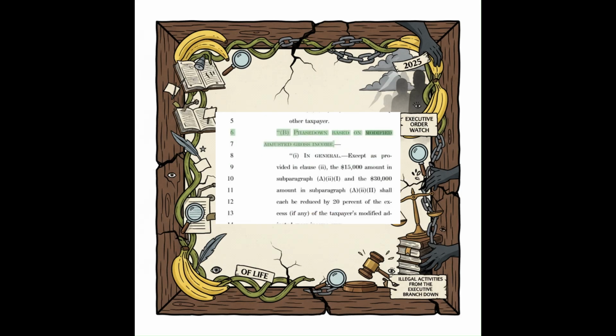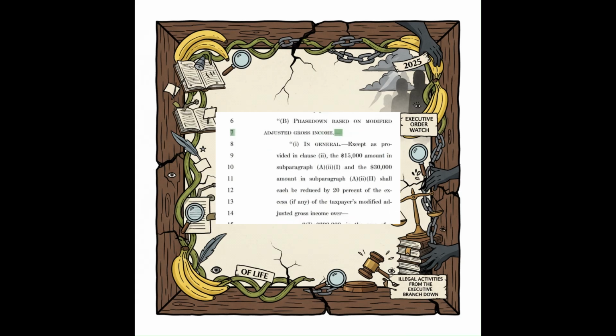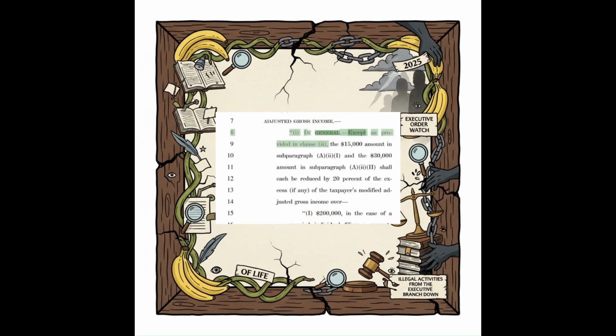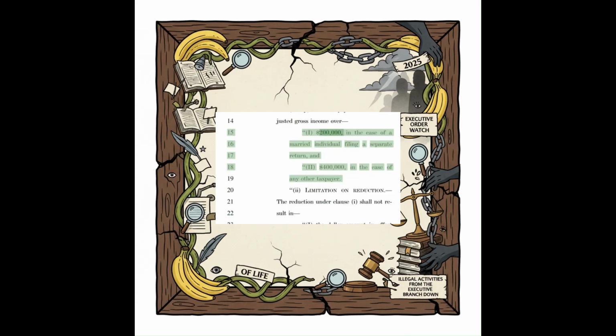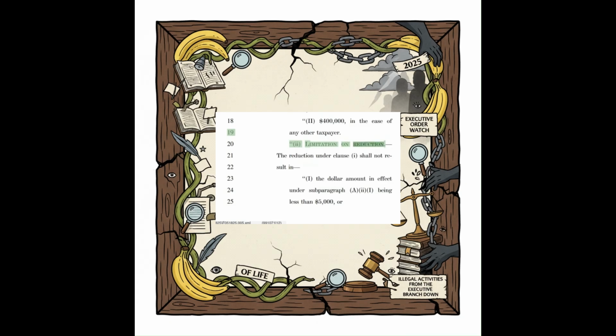Phase down based on modified adjusted gross income. In general, except as provided in clause, the $15,000 amount in subparagraph and the $30,000 amount in subparagraph shall each be reduced by 20% of the excess of the taxpayer's modified adjusted gross income over $200,000 in the case of a married individual filing a separate return, and $400,000 in the case of any other taxpayer. Limitation on reduction.